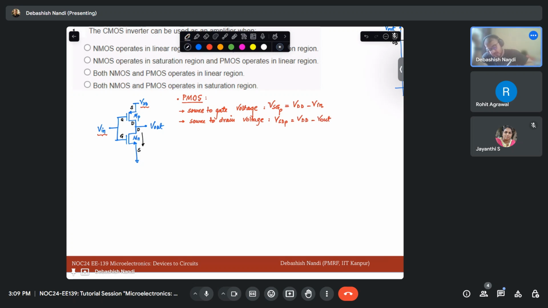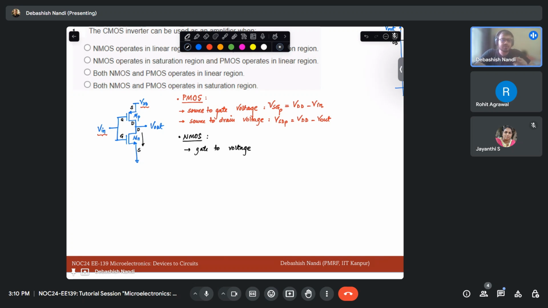Now let's look at the NMOS. What is the gate to source voltage? I need these two voltages to get the current equation or trend. In the MOSFET current equations, you need to know your gate to source voltage and also drain to source voltage.